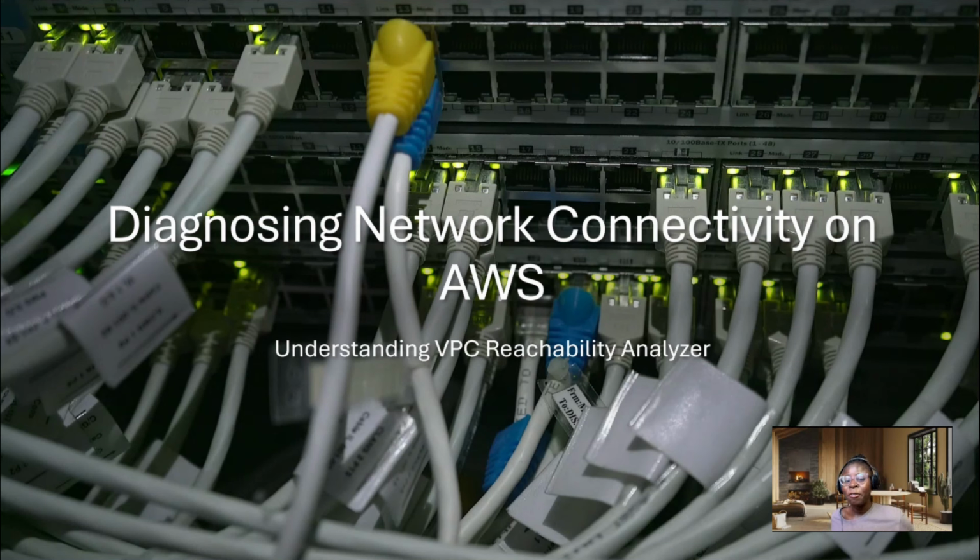My name is Paulina Mwakira, and this video is a continuation of a series on observing and diagnosing your network on AWS. This is part 2, and we are going to be discussing the VPC Reachability Analyzer. In the previous video where we discussed the VPC Network Analyzer, we were looking at governance and visibility.